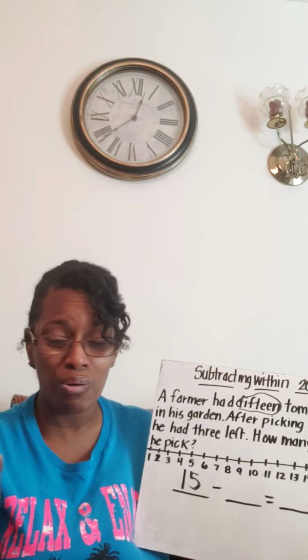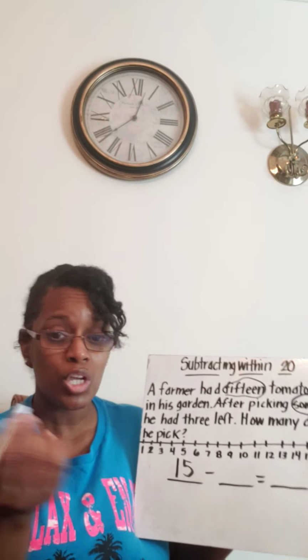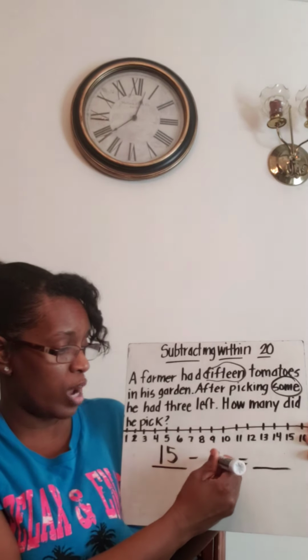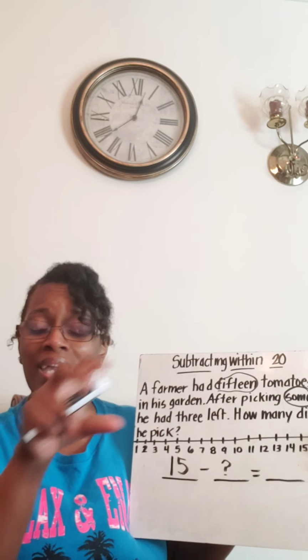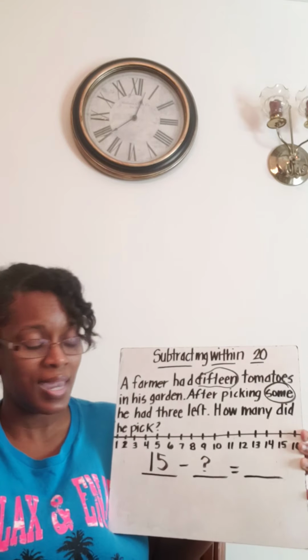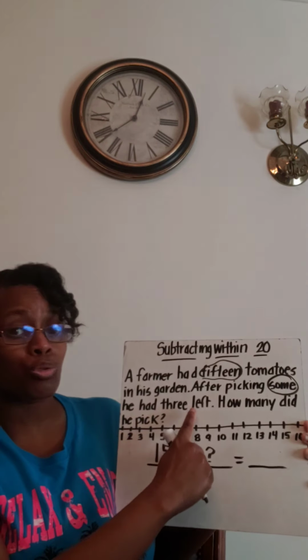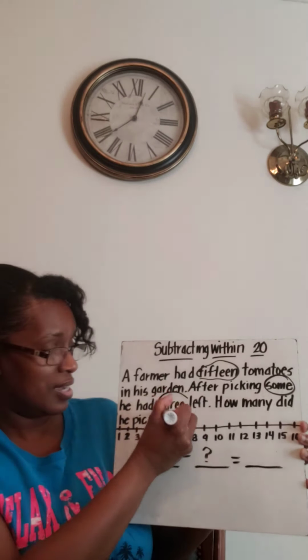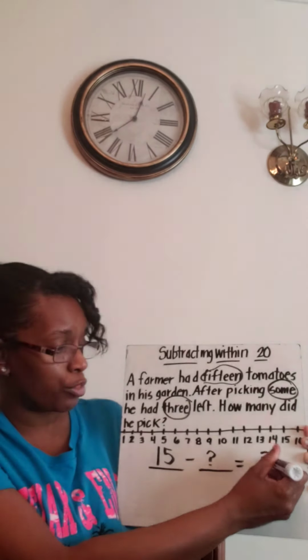We don't know because it said he picked some. So guess what? I'm going to put a question mark in that blank because he picked some. He took some away, but we don't know how many he took away. After he picked some, he had 3 left. That's what he had left. So I'm going to write the number 3.